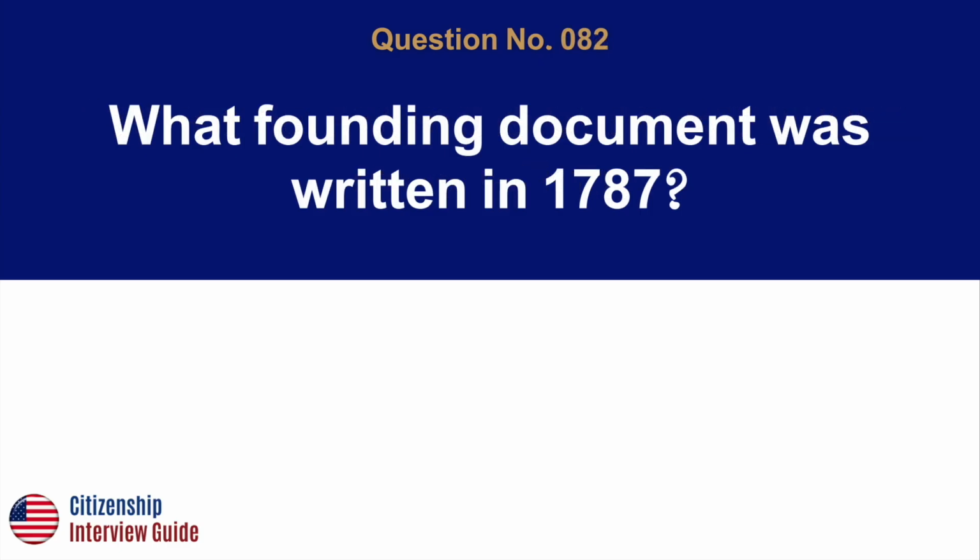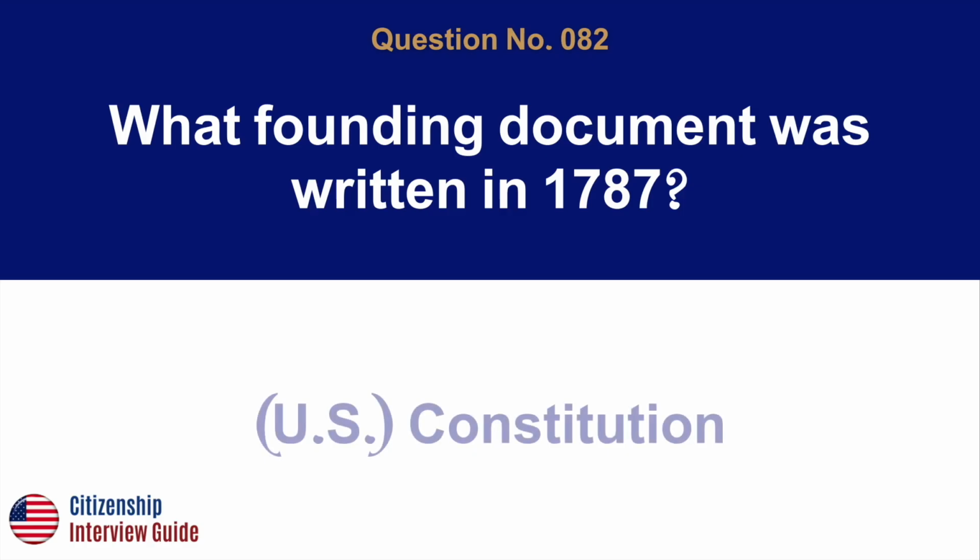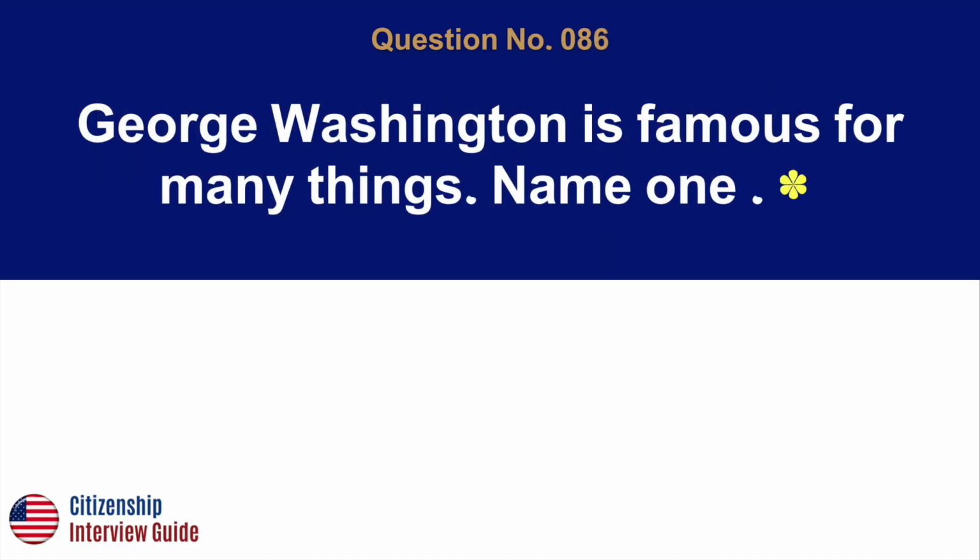What founding document was written in 1787? U.S. Constitution. George Washington is famous for many things. Name one.